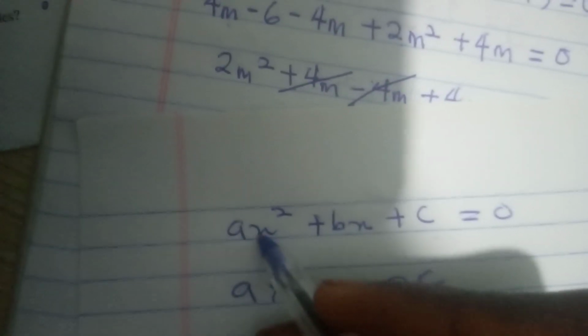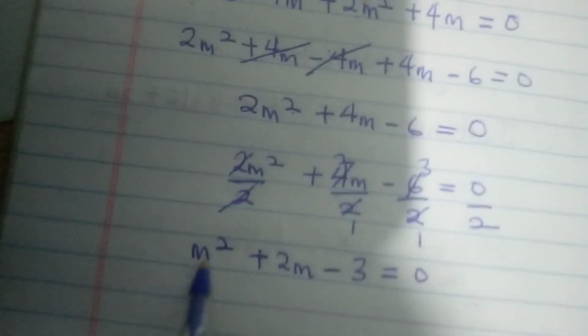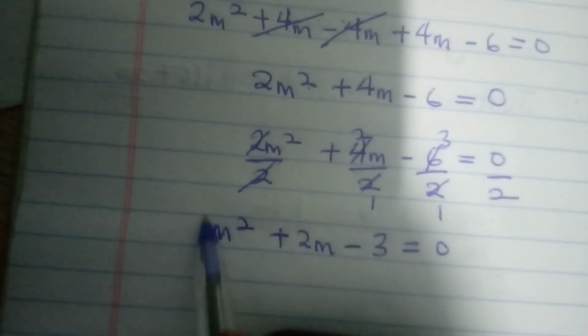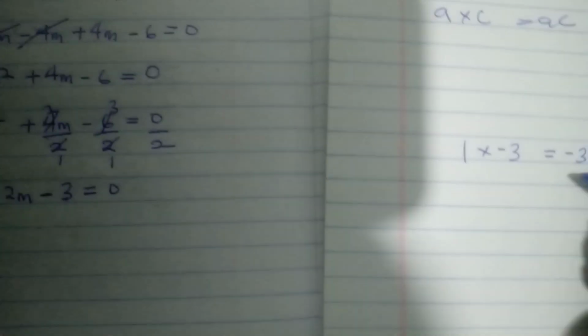The a is the coefficient of x squared and the c is the constant. So the coefficient of m squared here is 1 and the constant here is -3. So we have to find 1 times -3, which is what? -3.